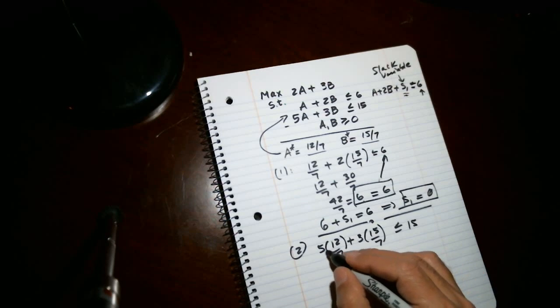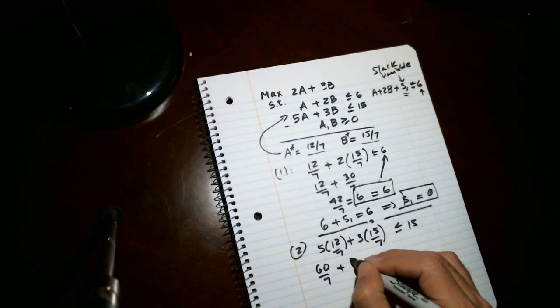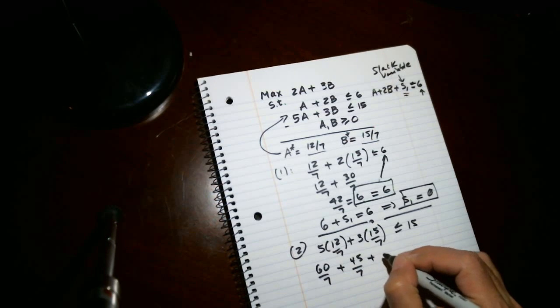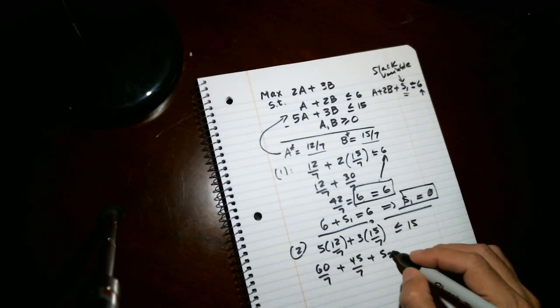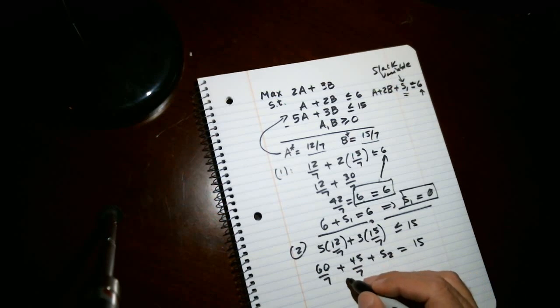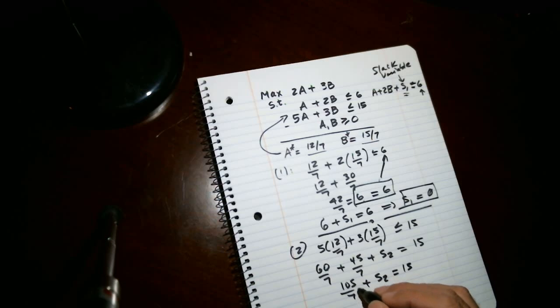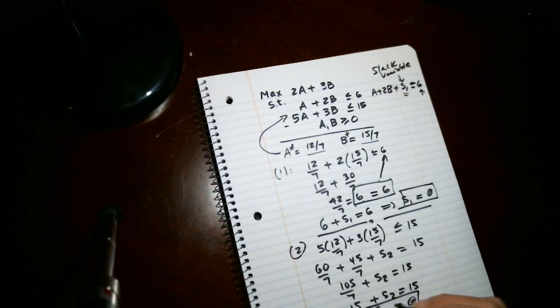Including the slack variable, this will be equal to 60 over 7 plus 45 over 7 plus my second slack variable equals 15. These two are equal to 105 divided by 7 plus S2 equals 15. 105 divided by 7 is equal to 15 plus S2 equals 15. S2 equals 0, 15 minus 15.